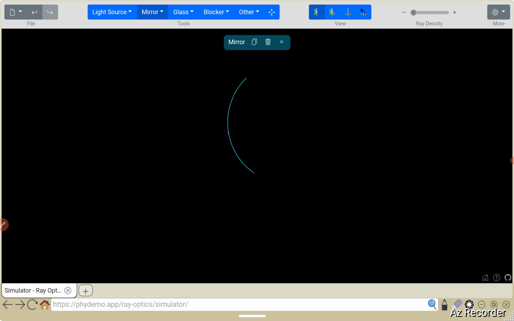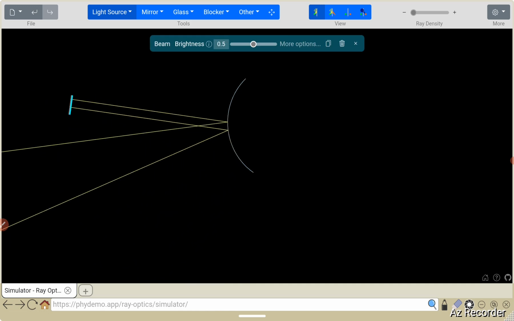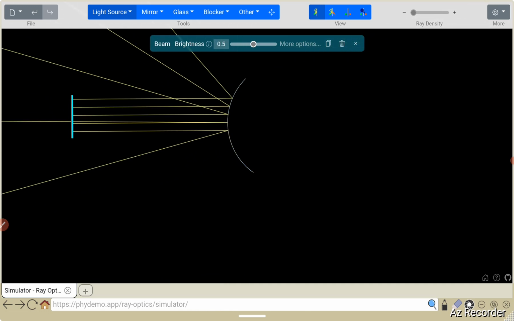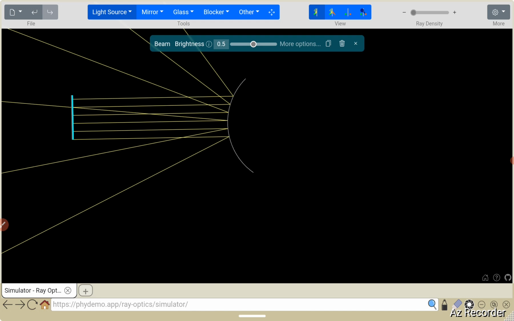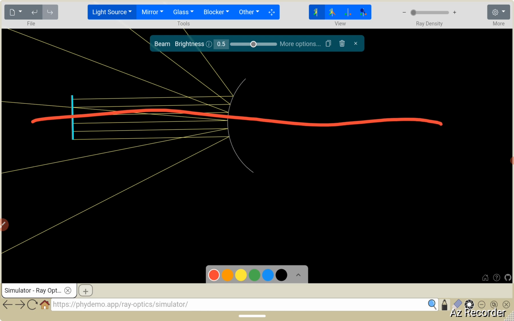First case is when the object is at infinity, we have to take a parallel beam of light. This we have already seen. I think you remembered this. When I am taking a parallel beam of light, what happens? They will be moving in different directions, so we have to extend them behind the mirror.